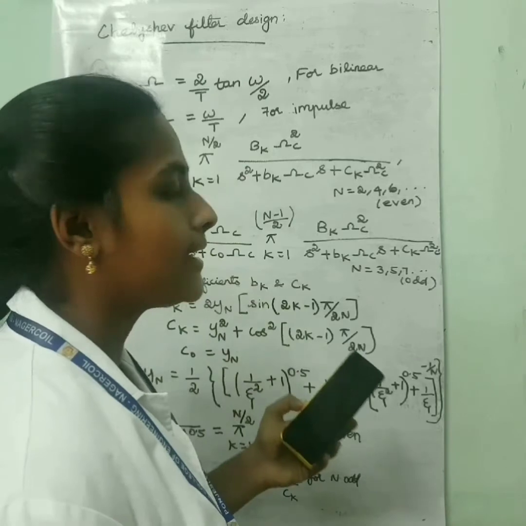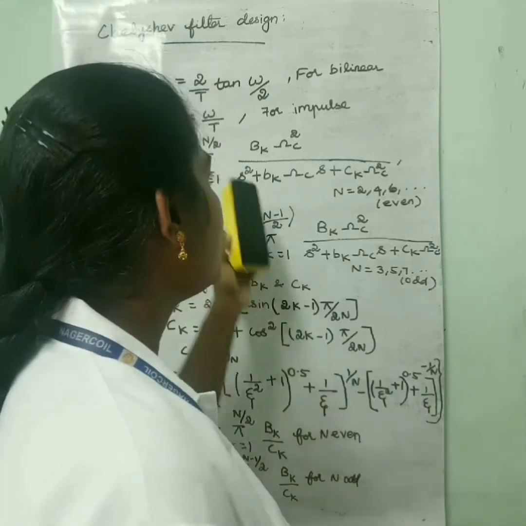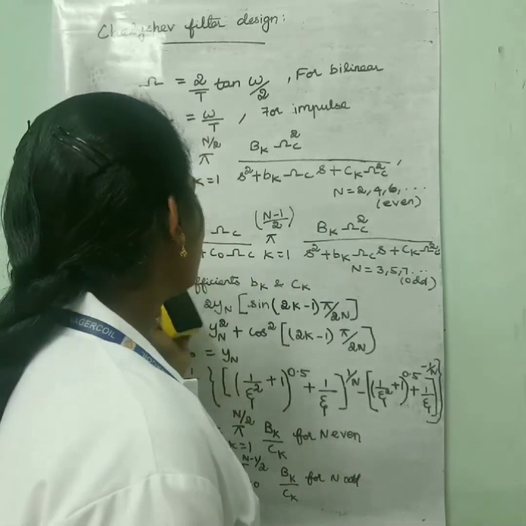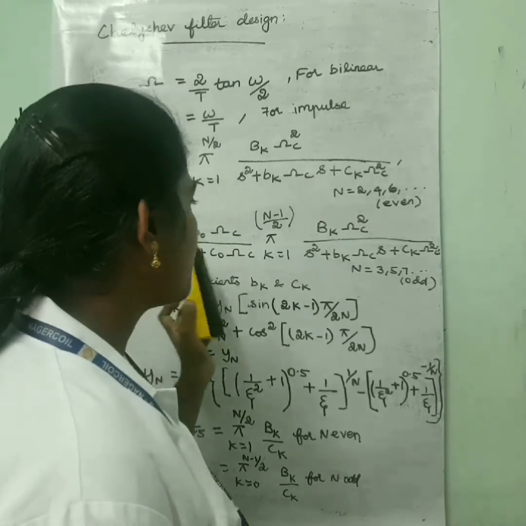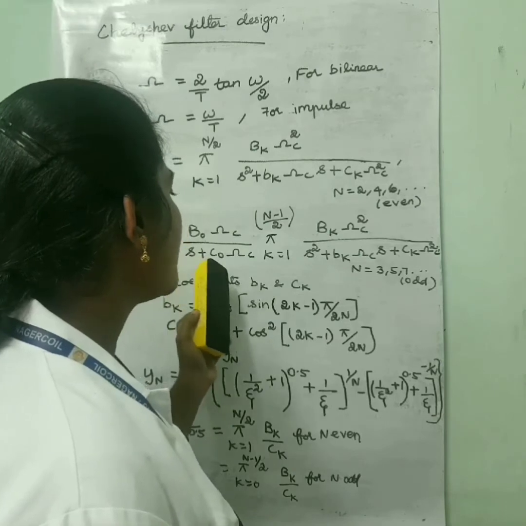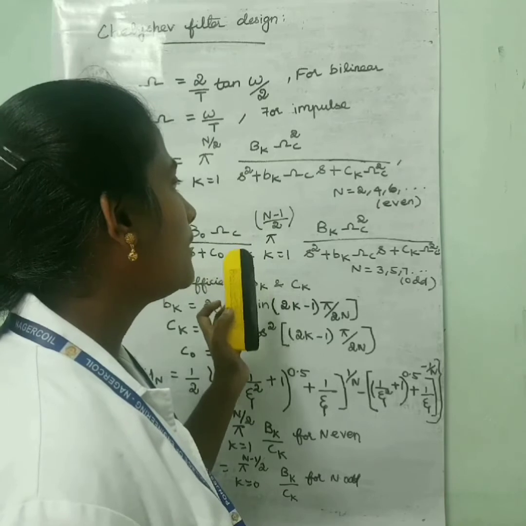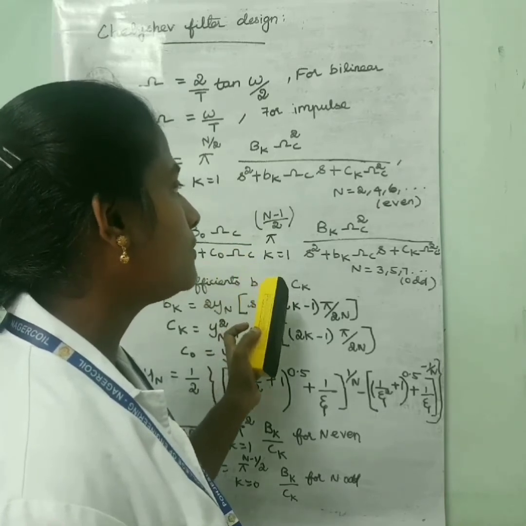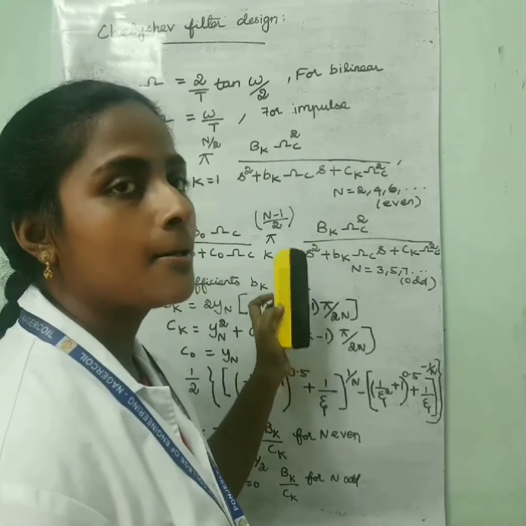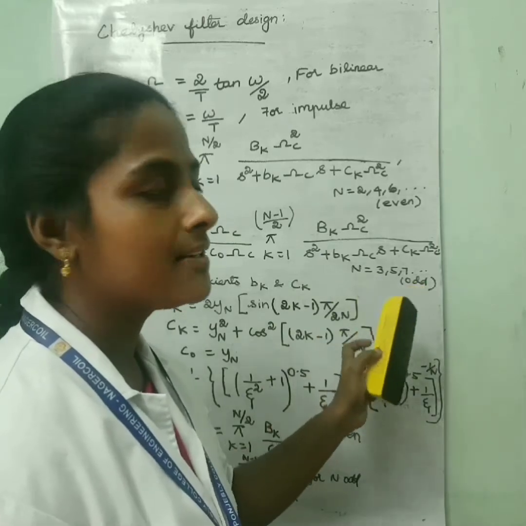When the order of the filter is odd, H of s equals b naught into omega c divided by s plus c naught into omega c, into the product for k equal to 1 to (N minus 1) divided by 2 of b k into omega c square divided by s square plus b k into omega c s plus c k into omega c square.